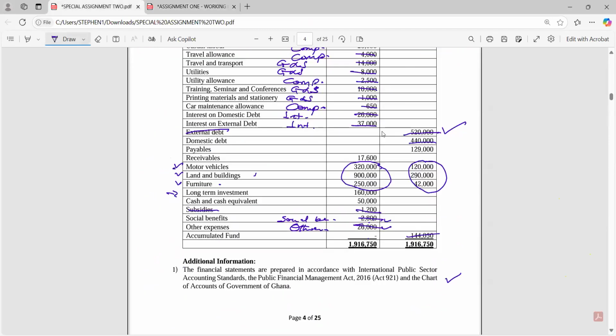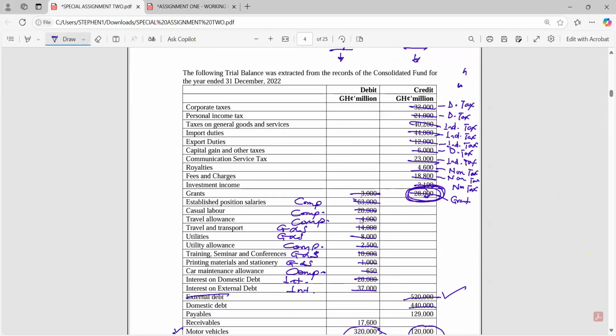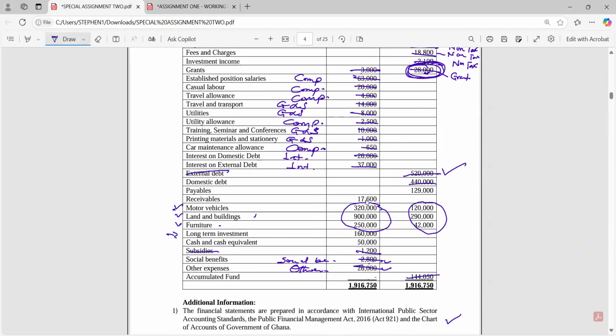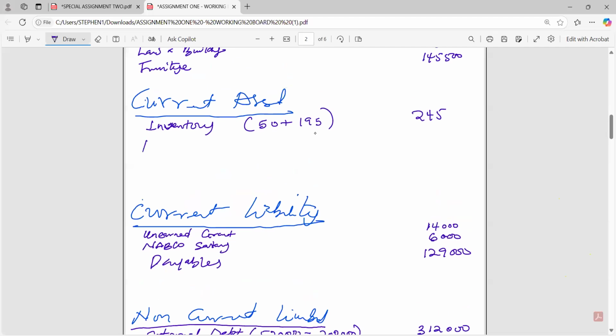Right? Now let's come to the debit side. It's not forgotten. So come to the debit side. Any transaction you've not posted, you and I know you've posted this on the PPE schedule. Any transaction not posted, receivable 17,600. Go and put it as current receivable.